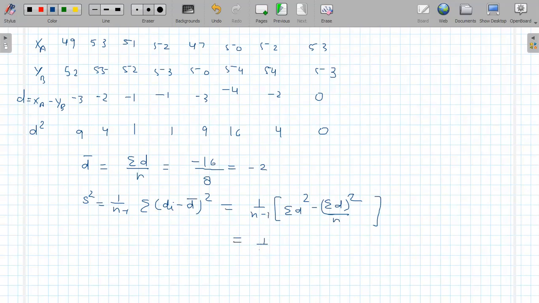So this is 1 upon 7 times 44 minus 256 divided by 8. So this comes out to be 1.714.